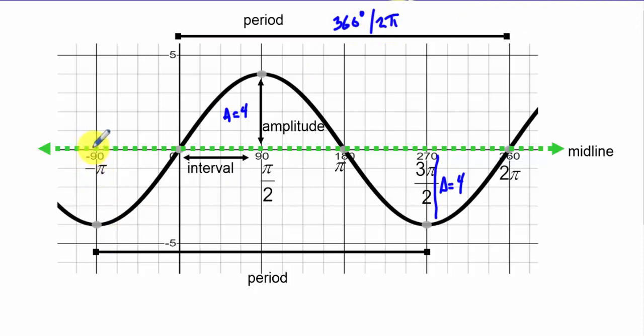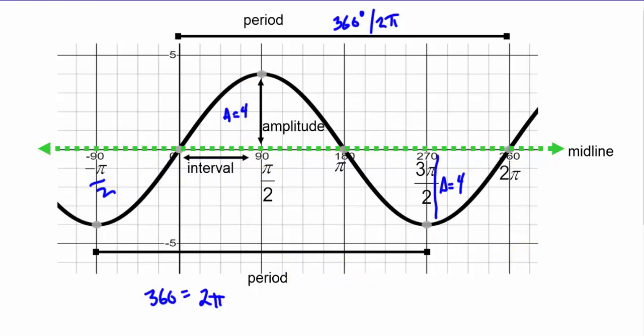And if I go from 90 to 270, that's also 360. And negative pi over 2, sorry, to 3 pi over 2 is 2 pi. So those are some important definitions about these graphs.